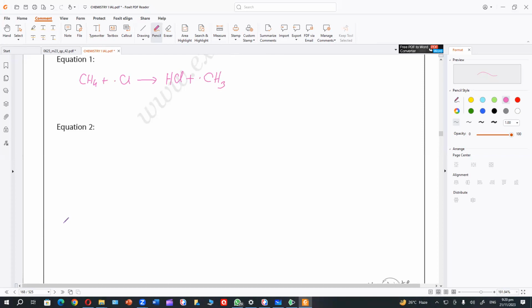Another one would be, after this CH3 radical forms, CH3 radical plus Cl2 gives you CH3Cl plus Cl radical. Attack on chlorine? Yes, this radical goes and attacks chlorine. Okay.